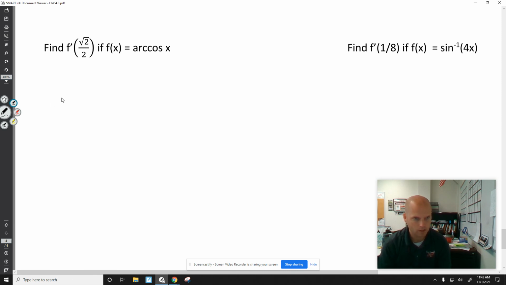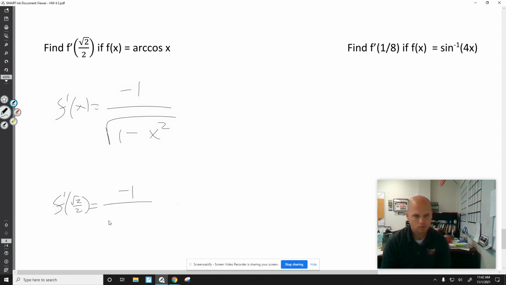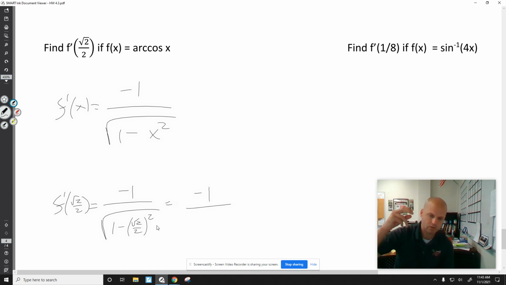All right. Arccos, this is easy. There's no chain. It's just negative 1 over root 1 minus parentheses squared, or just x squared. And plug in root 2 over 2. Notice how I'm plugging it in parentheses. This is important. Whenever you're substituting, use parentheses when you substitute. It's good technique. Order of operations. Root 2 over 2 times root 2 over 2 is 2 over 4, which is just 1 half.